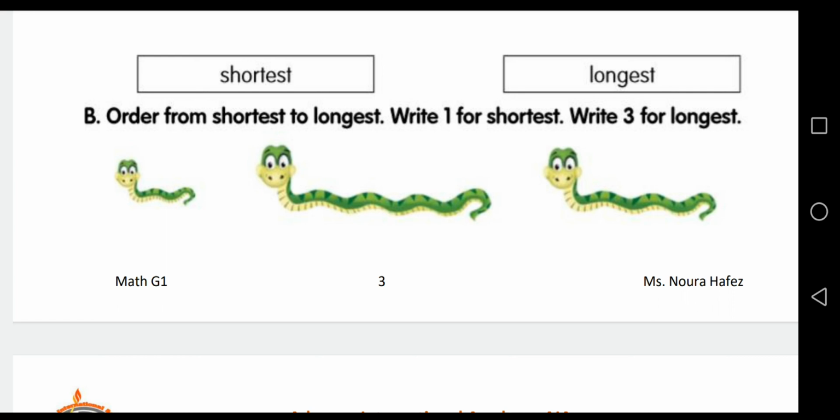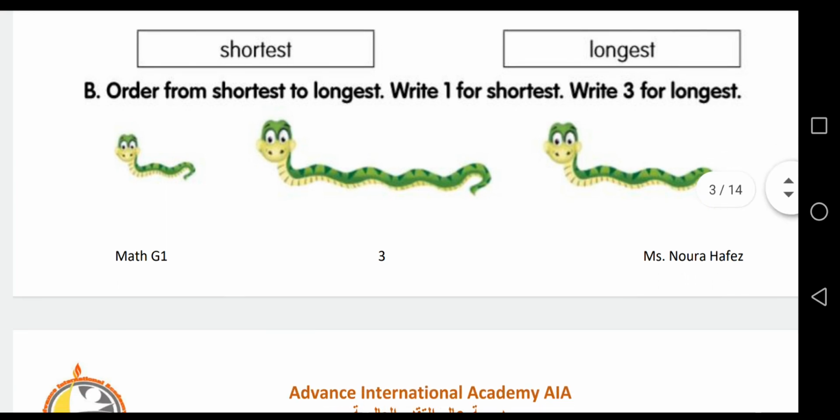Now, I have 2 snakes left. Where is the longest snake? The longest snake is snake number 2. Excellent. So I should write number 3 for the longest. And what about the third snake?